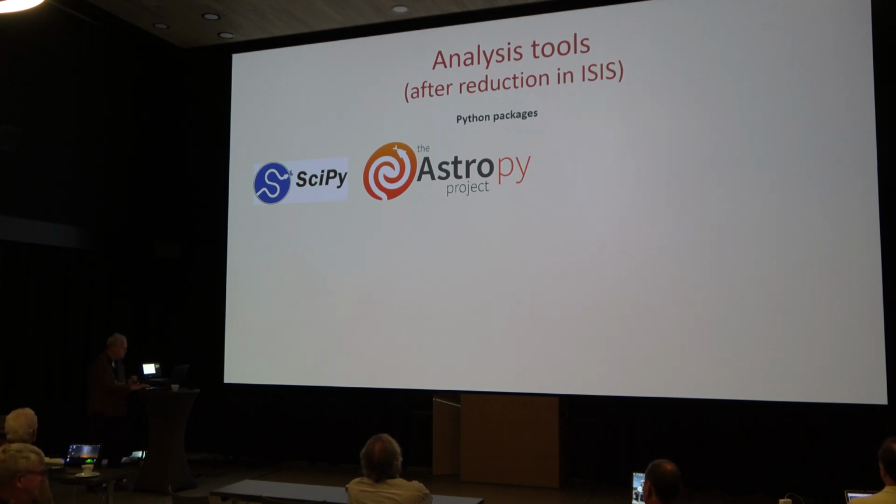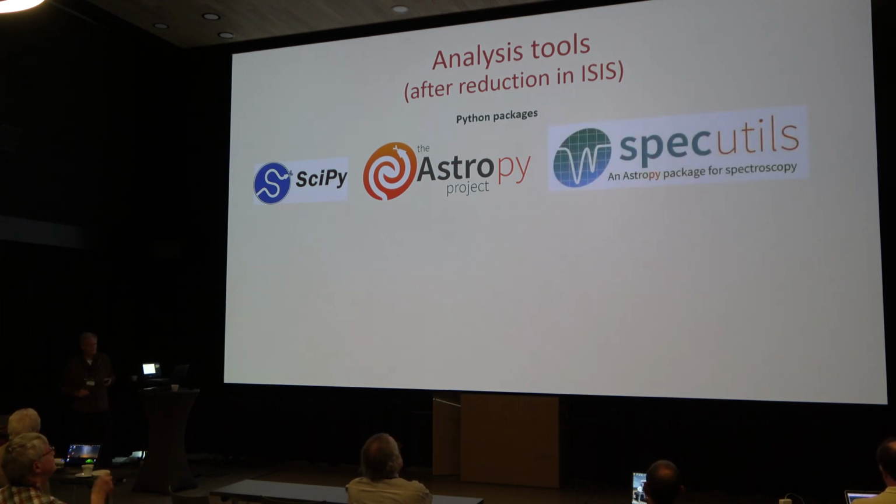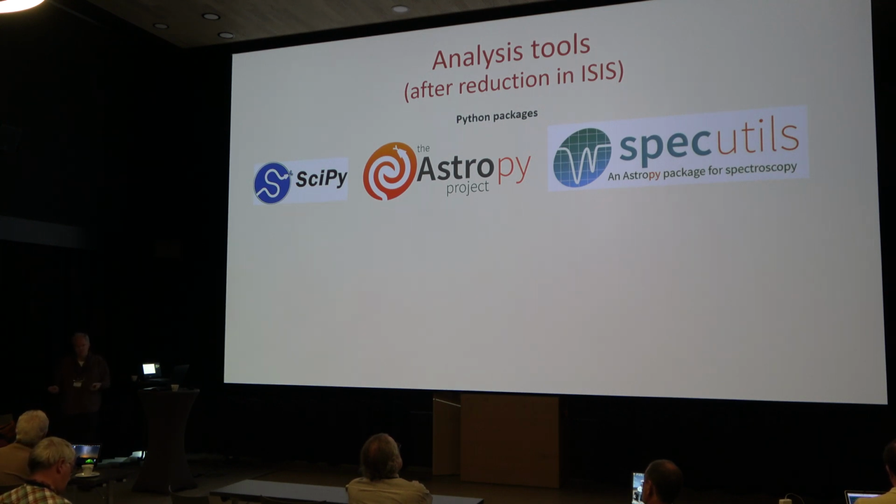In particular, there's an offshoot from AstroPy called Specutils, which does exactly what you'd expect it to do. It's a spectroscopic utilities package. And again, this does all the things that you don't want to waste time coding up, dealing with FITS files and chopping spectra up and fitting Gaussians and things. It does all that stuff for you.